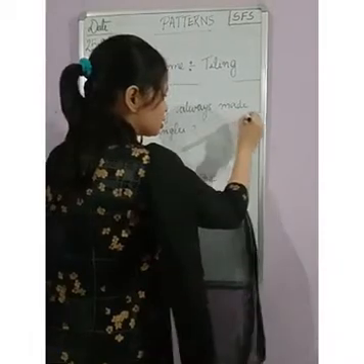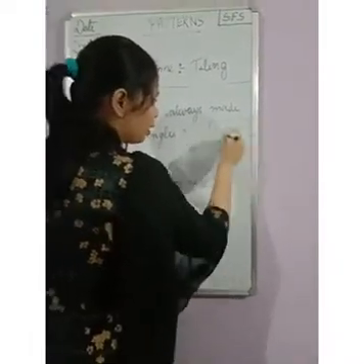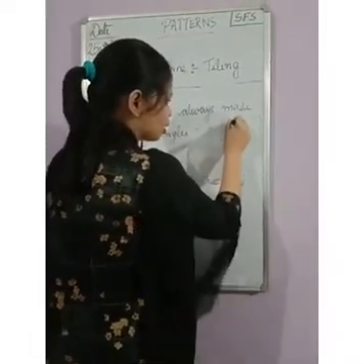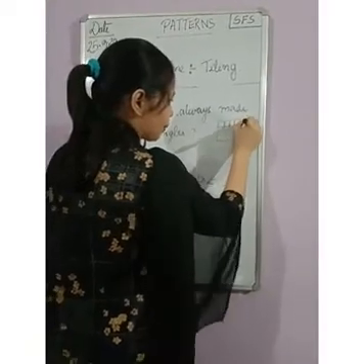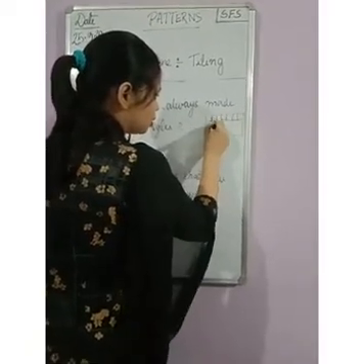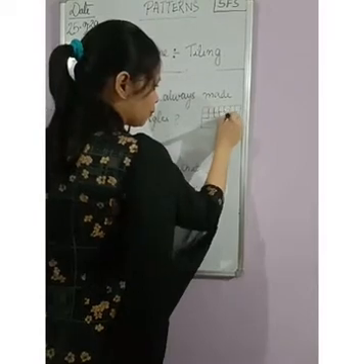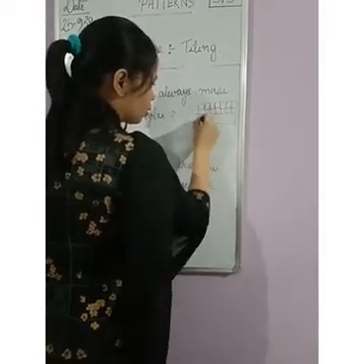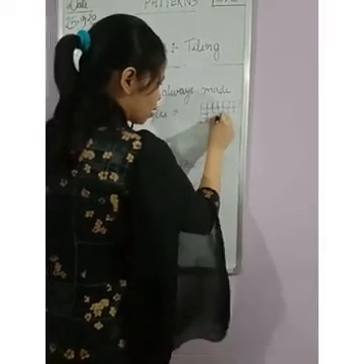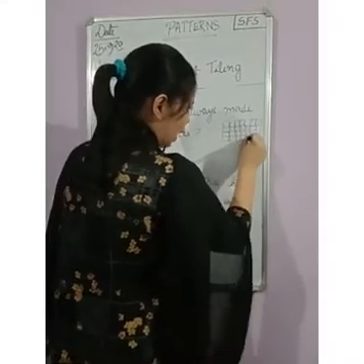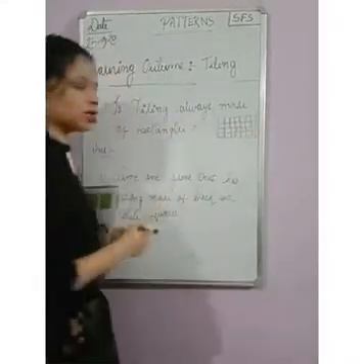Okay. Suppose this is a tile. So I can use square also here. I can use the shape square also.